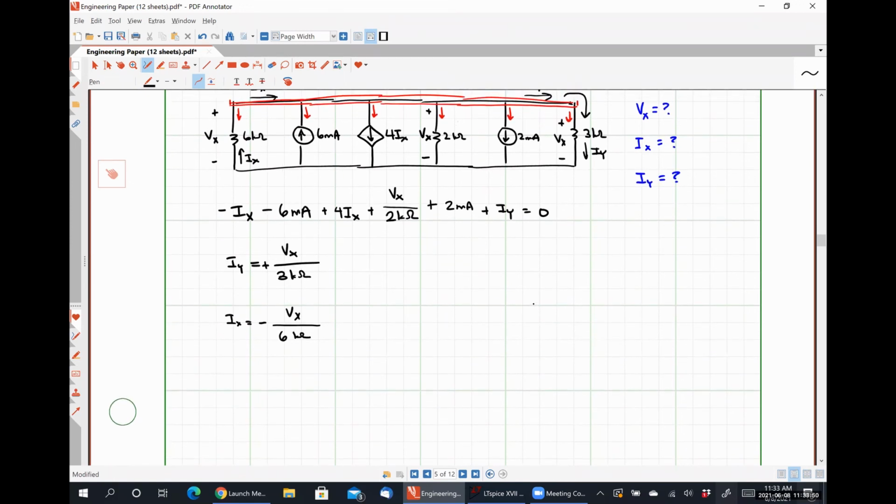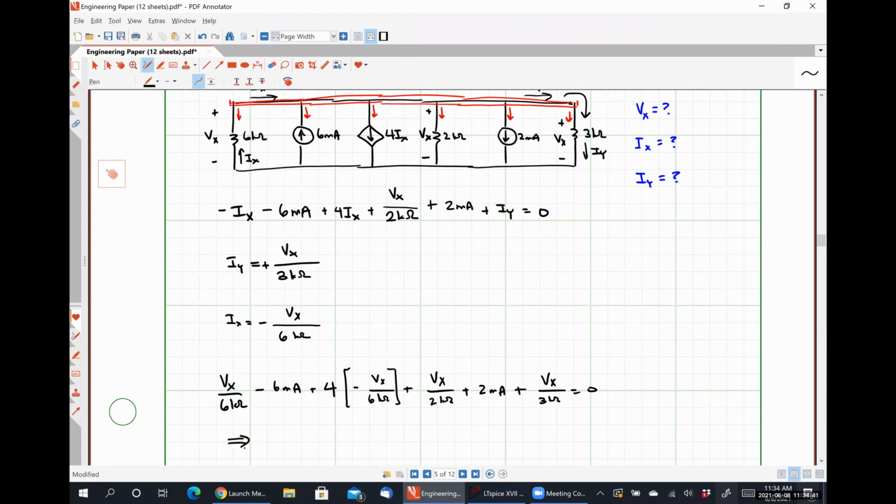All right. So if I substitute those relationships in, I can get a single equation in terms of Vx, right? So I have negative Ix, so that's going to be negative negative Vx over 6 kilo ohms, minus 6 milliamps, plus 4Ix, so that's 4 times negative Vx over 6 kilo ohms, plus Vx over 2 kilo ohms, plus 2 milliamps, plus Iy, which we know to be positive Vx over 3 kilo ohms, is equal to 0.